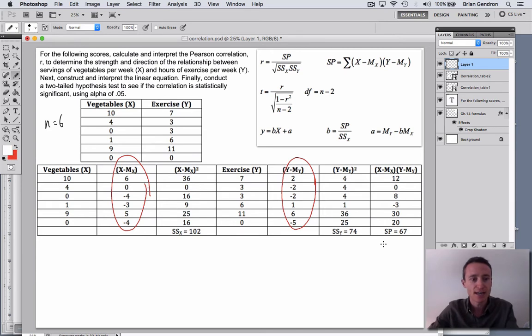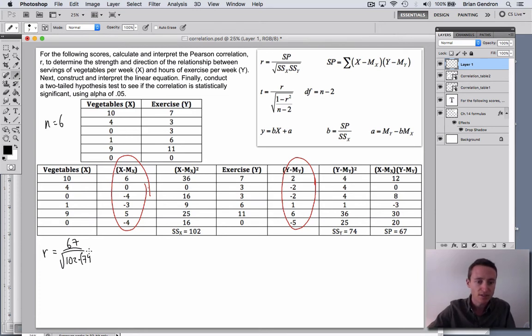All right, so let's go ahead and calculate our Pearson correlation, which is R. R is equal to SP, 67, divided by the square root of your sum of squares for X, which was 102, multiplied by your sum of squares for Y, which was 74. That little dot right there is a multiplication symbol.